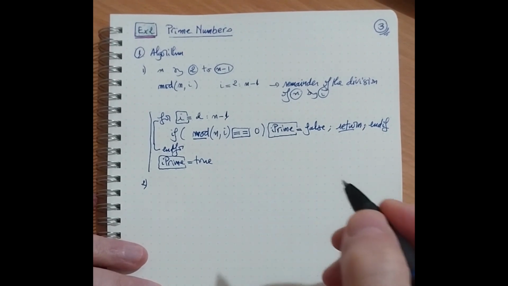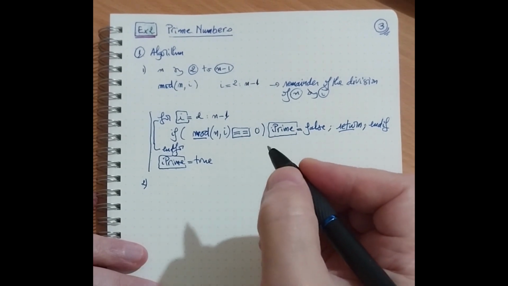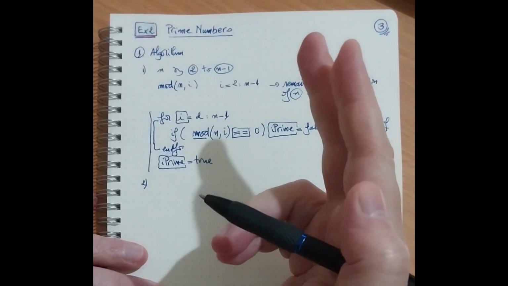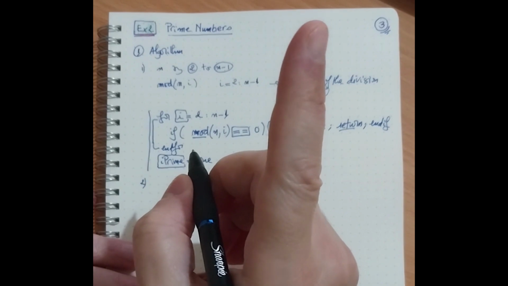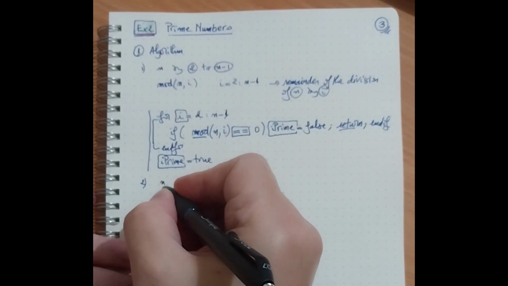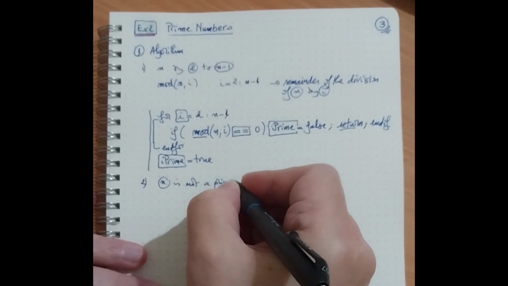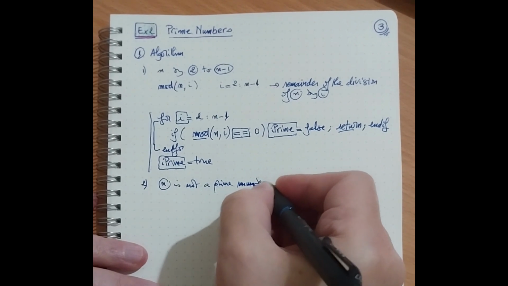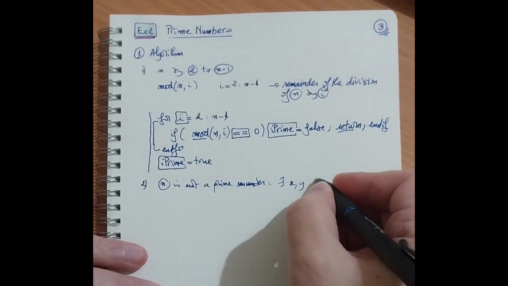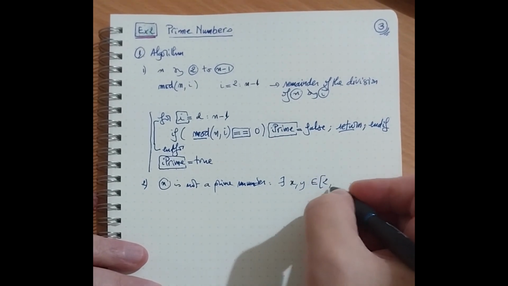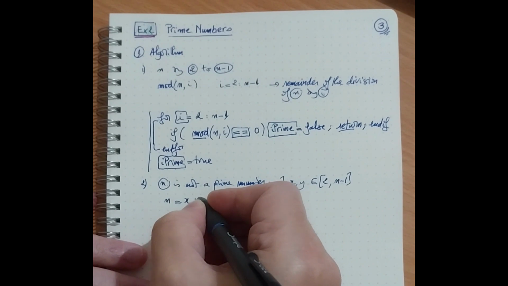It is based on the fact that any integer, except prime numbers, can be decomposed into integers. So if n is not a prime number, then there exist two integers x and y in the range 2 to n minus 1, such that n equals x times y.